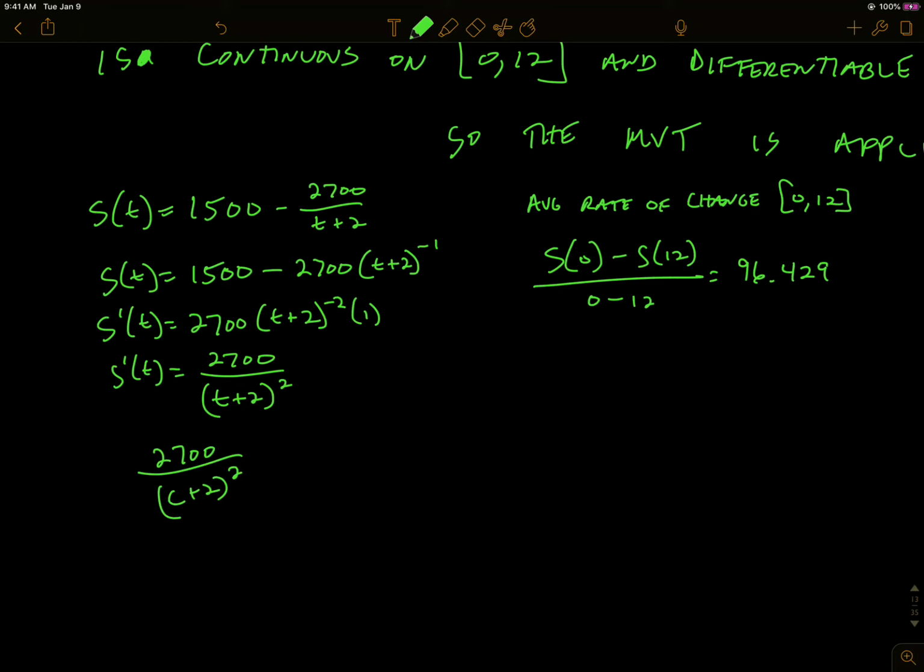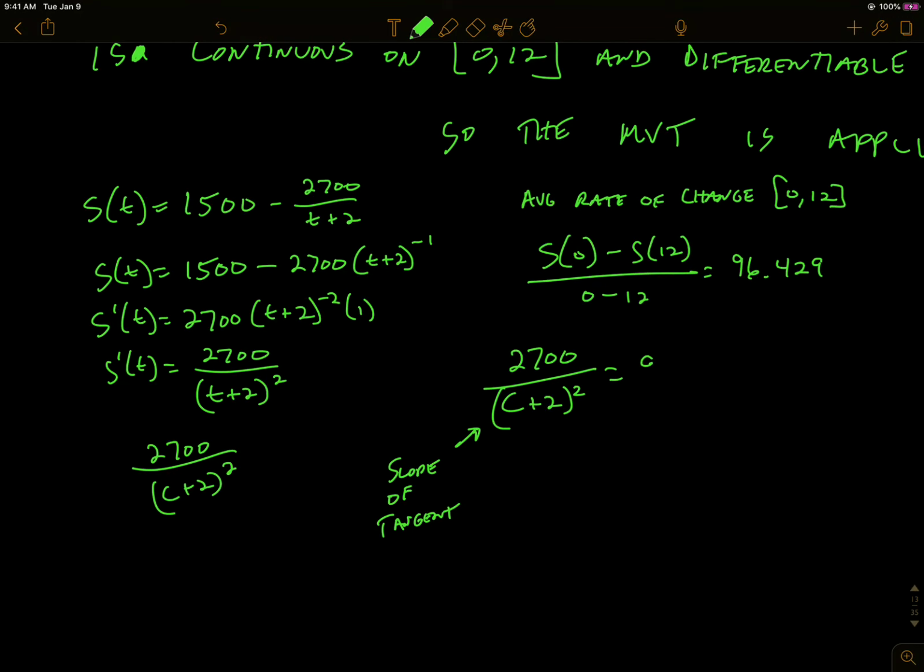So I'm going to show the c value where that occurs. I want to know at what particular c value the instantaneous rate of change, or the slope of the tangent, is equal to the slope of the secant, or the average rate of change.